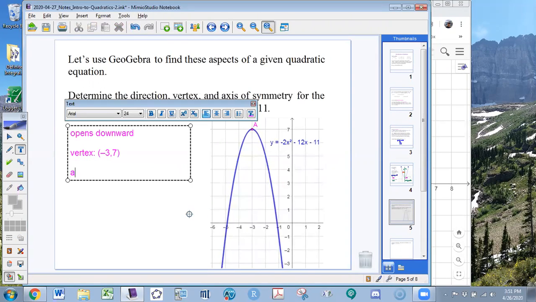And then we have our axis of symmetry. You can't equal an equation, so I put a colon there. And in this case, again, that axis of symmetry has to go through that vertex. It's a vertical line, so it's written as x equals, and therefore it's x equals negative 3.